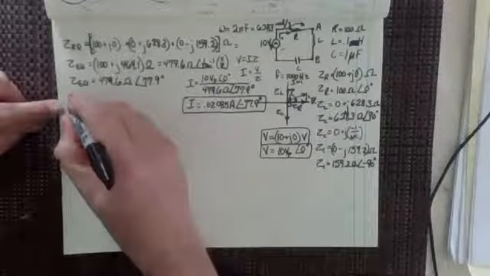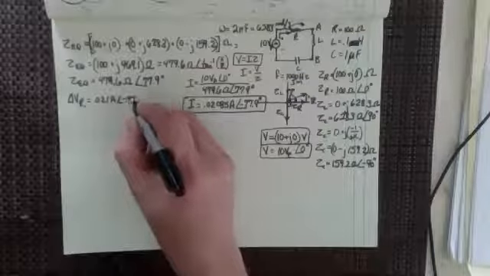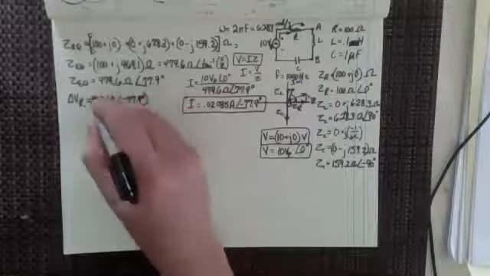And again, it's Ohm's law. Let's go back to Ohm's law and remember that V equals IZ. So the voltage drop across that first resistor is going to be the current that I've got, which would be 0.021 amps at an angle of minus 77.9 degrees, right?